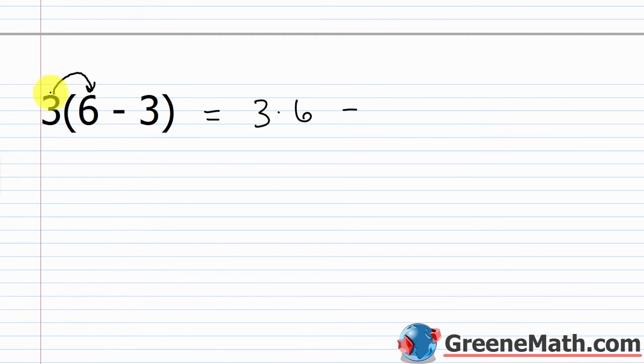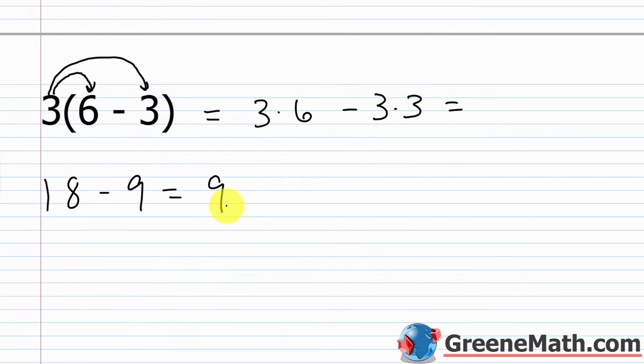And then minus, you'd have 3 times 3. I'll get the same answer as I did before, right? I'm going to get 9 either way. 3 times 6 is 18, and we're subtracting away 3 times 3, which is 9, and 18 minus 9 is 9, right? So either way you do it, you get the same answer.